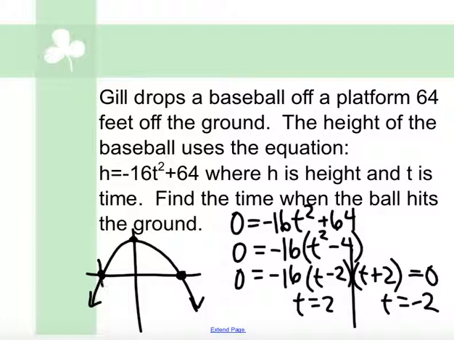In this case, we have a t equaling negative 2, meaning we're back in time, we're in the past. That doesn't make a ton of sense, so we talk about this t as 2. This is when she throws it off the ground and it hits the ground here. That's the one that we really care about, the time that's actually in reality. So we can say at 2 seconds, the ball hits the ground because it's at 0 height.